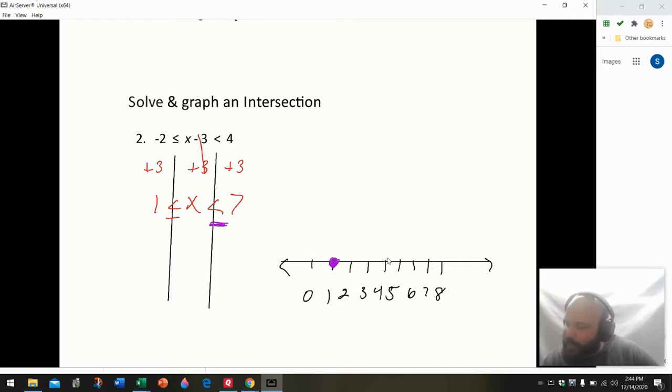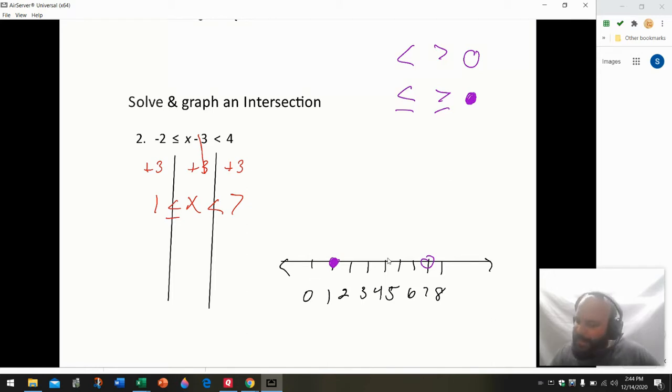But if you notice right here, there is no equals sign there. It's only a less than. It says x is less than 7. So I'm going to put an open dot on 7. So keep in mind, if you have a less than or a greater than sign, that is an open dot. If you have a less than or equal to or a greater than or equal to, that is going to be a closed dot.